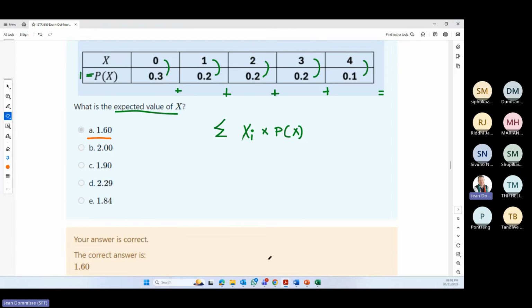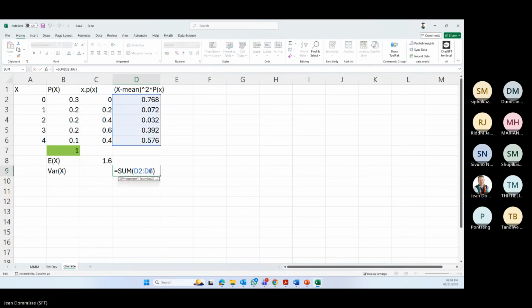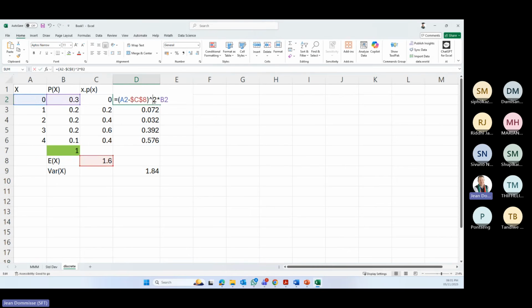There you see that's the variance, that's the mean. Let's just check again: is that minus that to the power of 2 times that? Okay, so there's your variance.